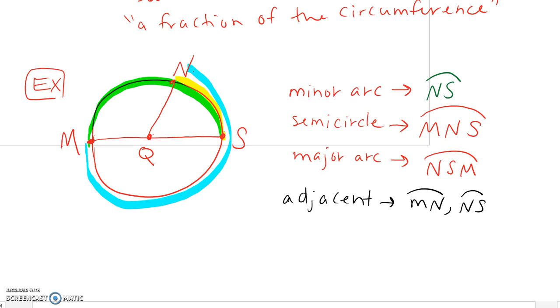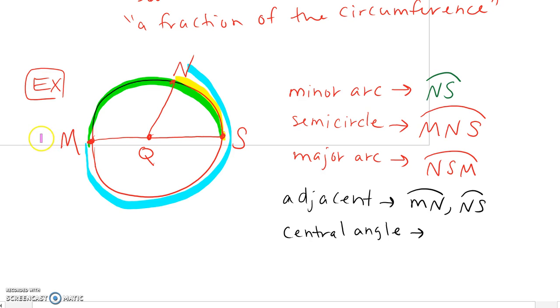They could ask you for a central angle. Remember, for an angle, you need 3 letters typically. Sometimes you can shortcut it to 1, but typically you need 3 letters. And the middle letter has to be the vertex. For a central angle, Q is going to be the vertex. That's what's going to make it central.